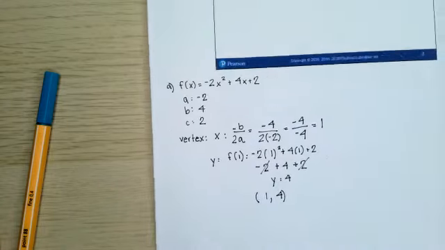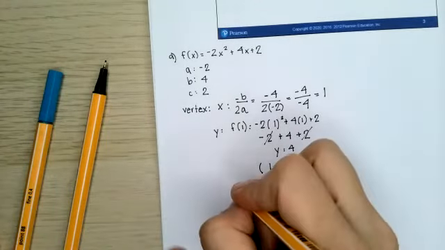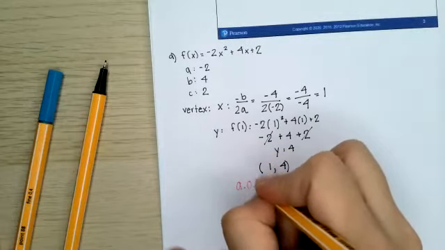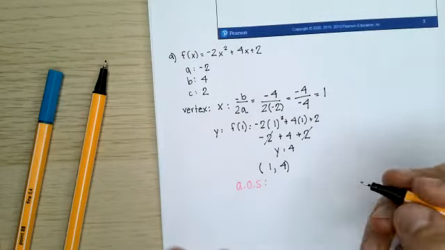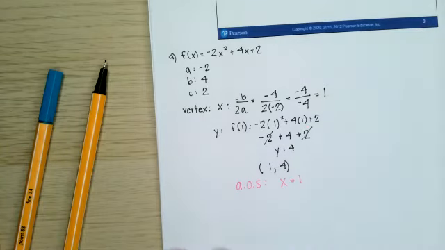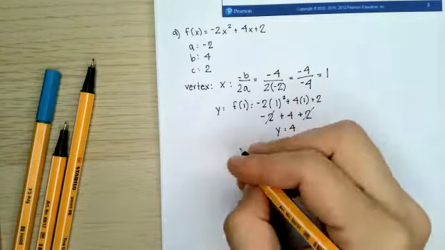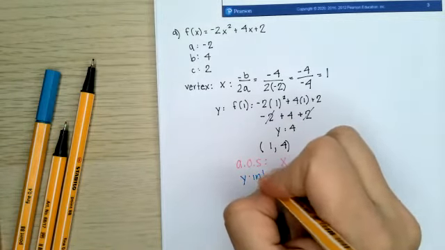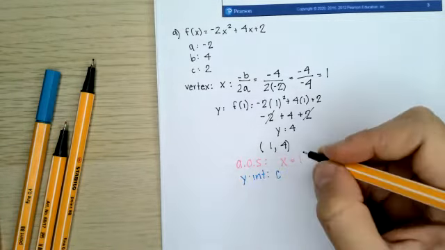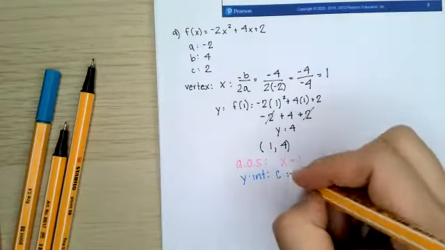That is my vertex. Axis of symmetry, we do need it, but I just thought it's so intuitive that we didn't need to call it math, right? But it's x equals 1. And my y-intercept is my c. C is 2.